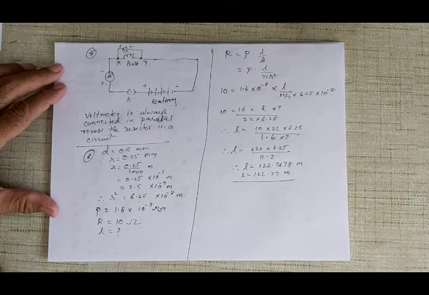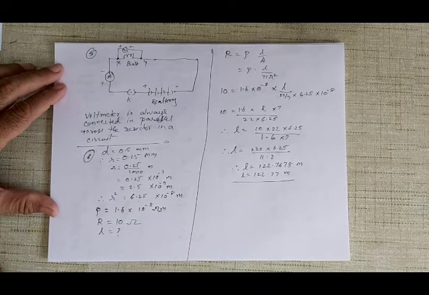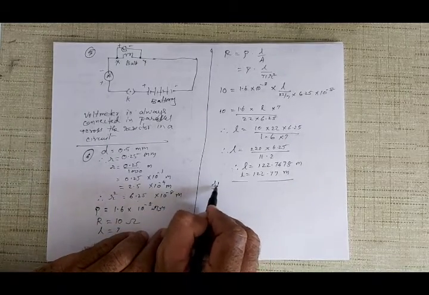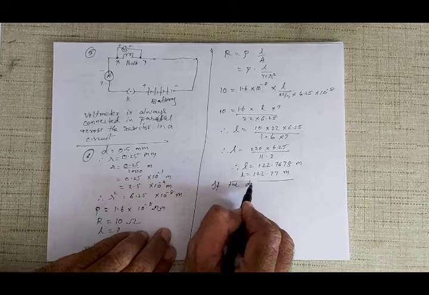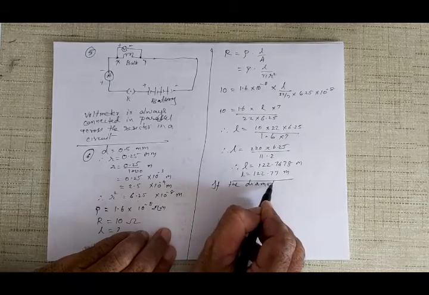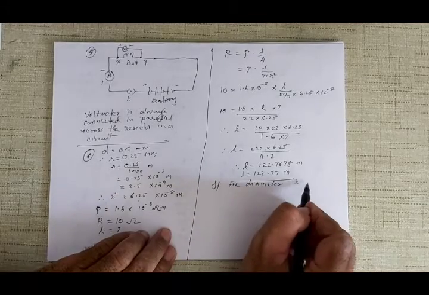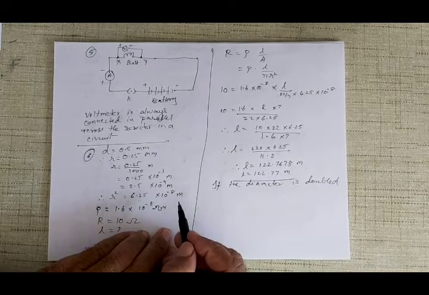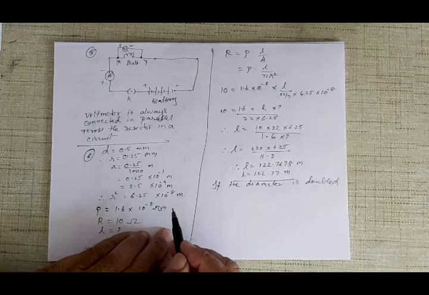Also it is said that how much does the resistance change if the diameter is doubled? Now see, if the diameter is doubled, मतलब diameter को double कर देते हैं, then how much does the resistance change?